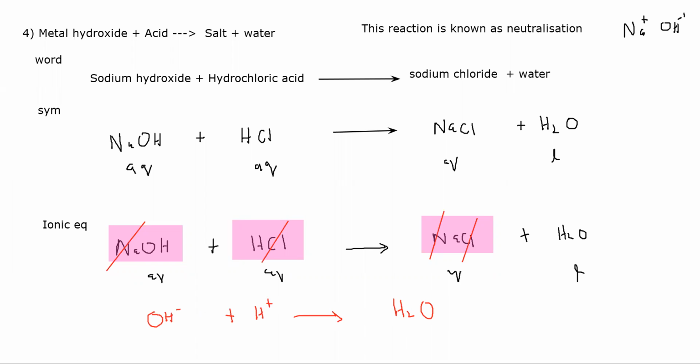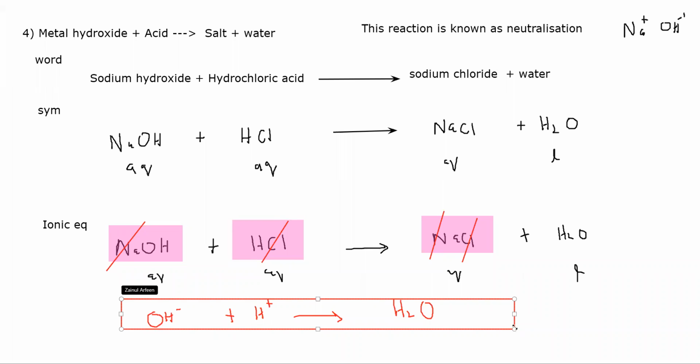The sodium ion is a spectator ion, chloride ion is a spectator ion. That's why we cancel both of them. And what we are left with is known as the ionic equation. So when any kind of alkali reacts with acid, you will always find this will be the ionic equation. I'll give another example. Whenever acid is reacting with alkali, the ionic equation is always the same. OH from alkali reacts with H from acid.